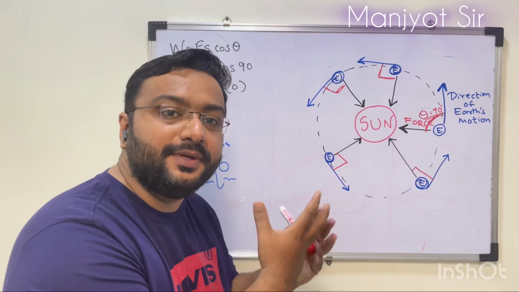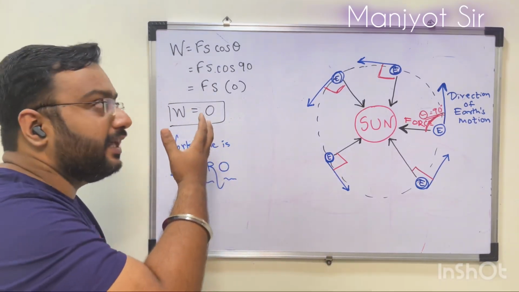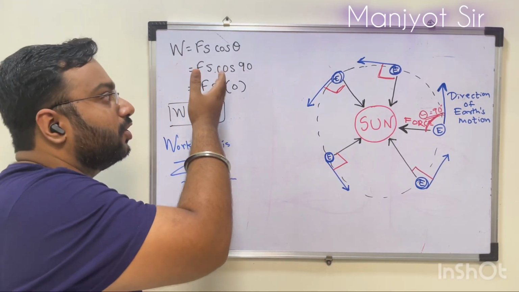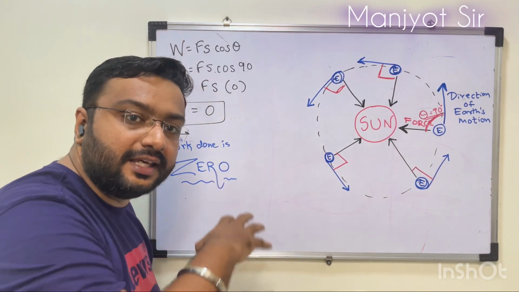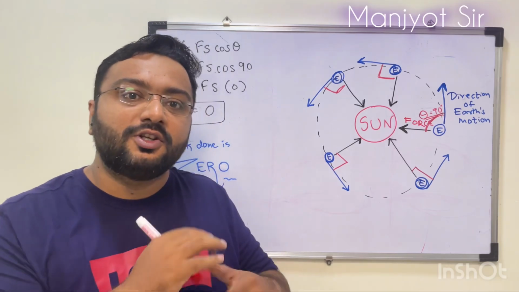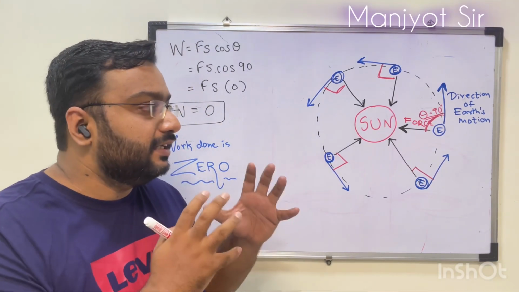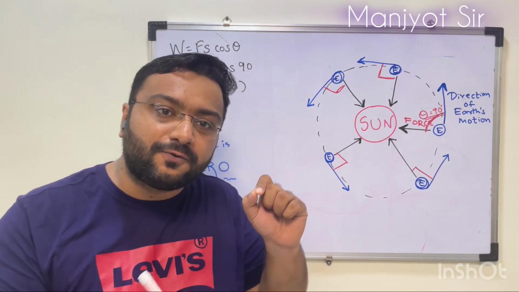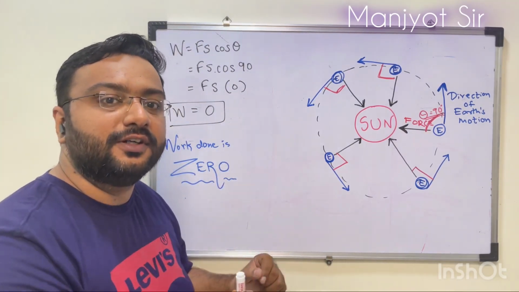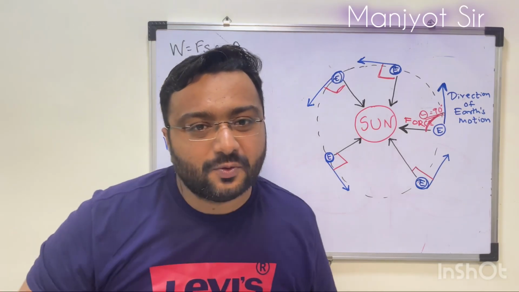Because the angle made is 90, and we all know that cos 90 is 0, so work comes out to be 0. So in this case, for the motion of Earth around the Sun, the work done is 0. Why? Because the angle between the force and the direction of Earth's motion is 90 degrees. Let's see one more example.